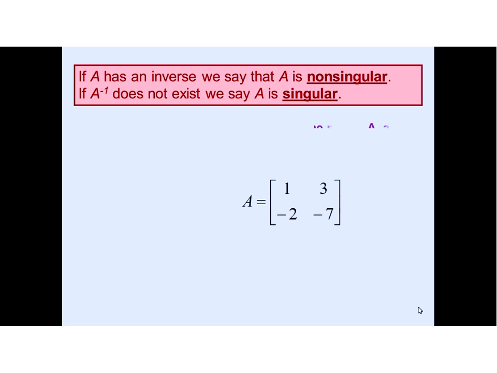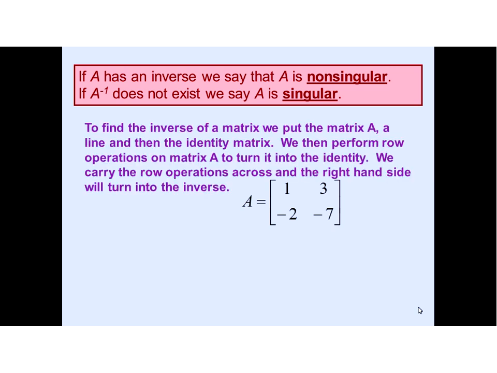To find the inverse of the matrix, we put the matrix, a line, and then the identity matrix. We then perform row operations on the matrix to turn it into the identity. We carry the row operations across, and the right hand side will turn into the inverse. So this is the procedure.